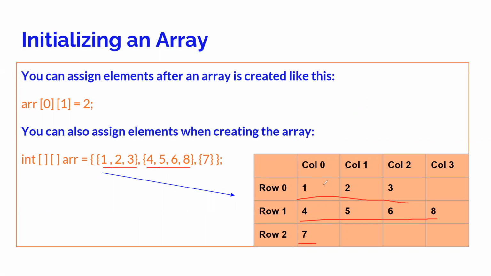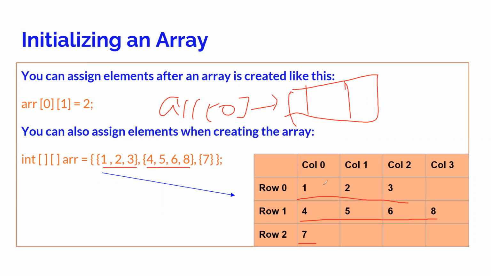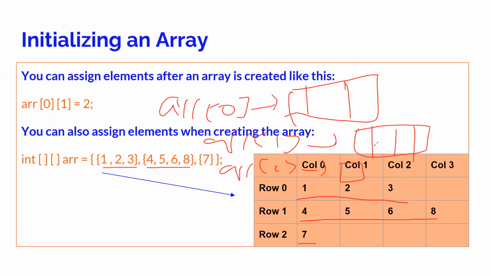What that really is, is you have your array, and array 0 is an array of length 3. So in memory it just has space 3. Array 1 has space 4. And array 2 just has space 1. There isn't extra space allocated for that.